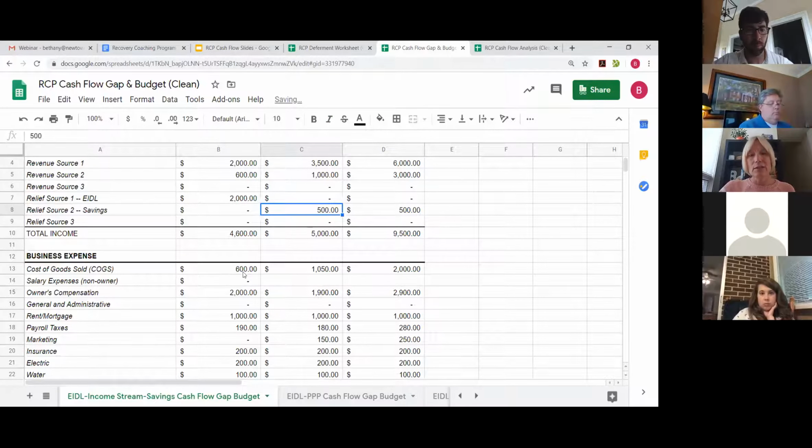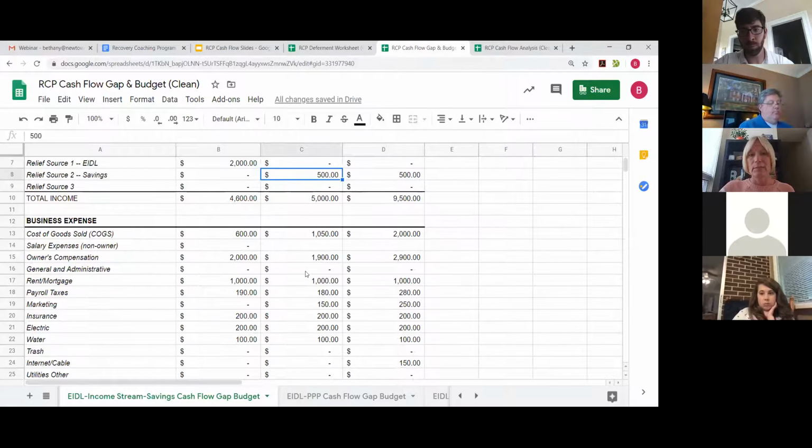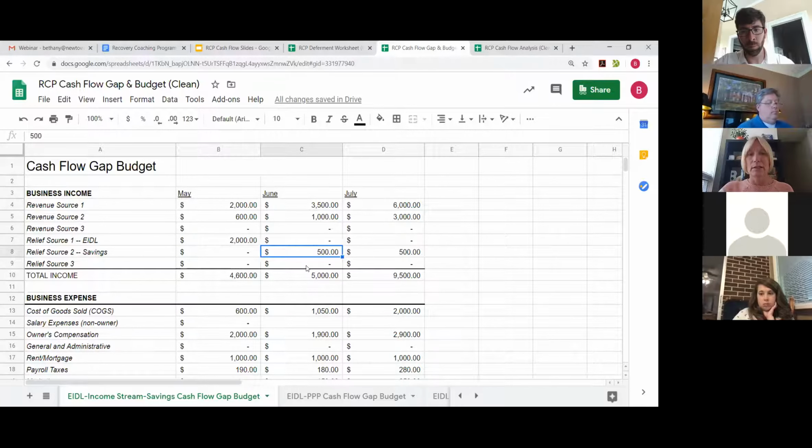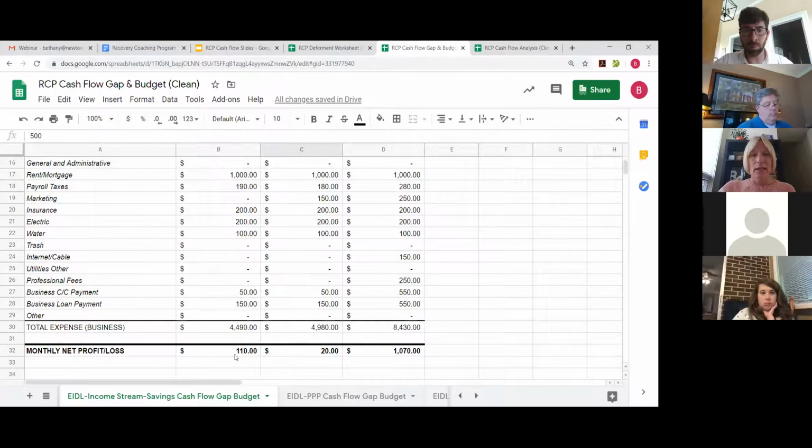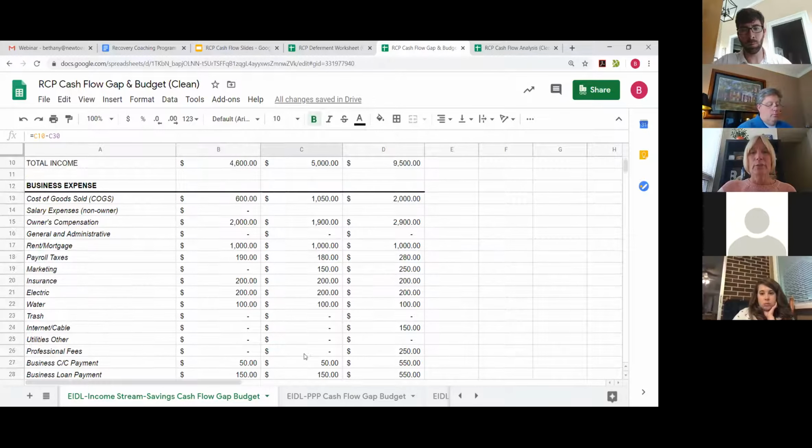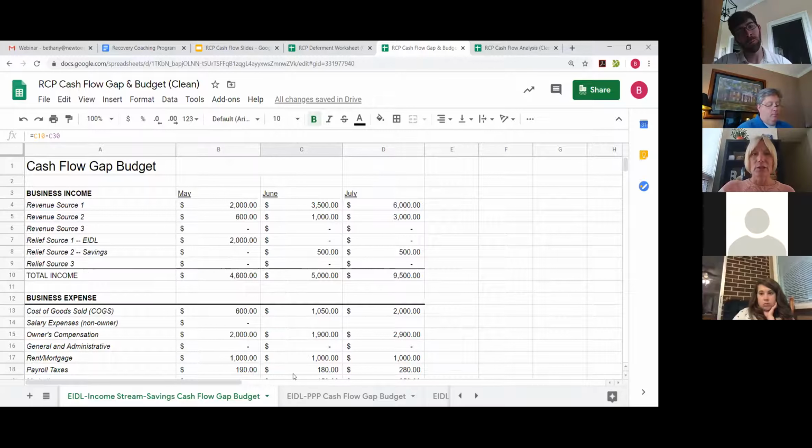And so what they've managed to do here is look at it month by month, realizing that their business is going to grow slightly each month, and managed to actually operate in the black. Nothing like what they were doing before. This is a business we showed you that was doing $10,000 previously, but they're building back up to it, and they're not operating in the red, which is what their initial projection looked at prior to incorporating some of those budgeting tools and techniques I just went over with you.